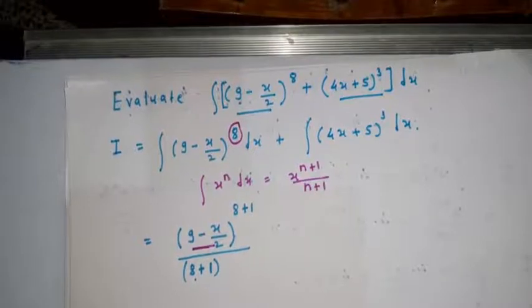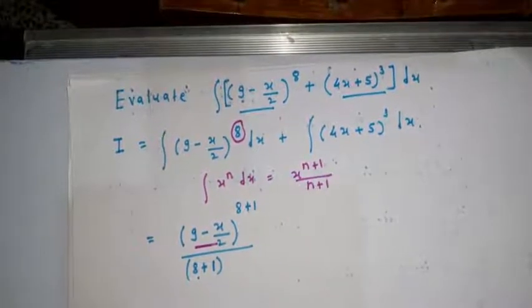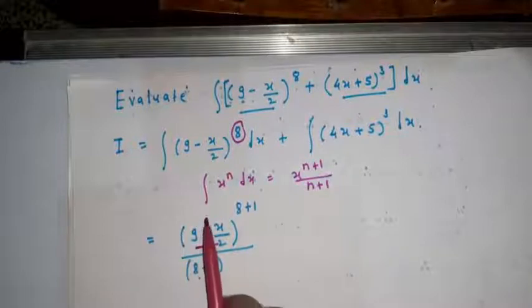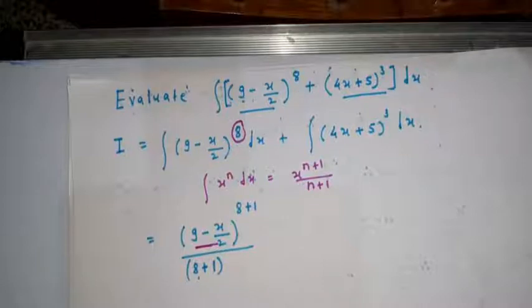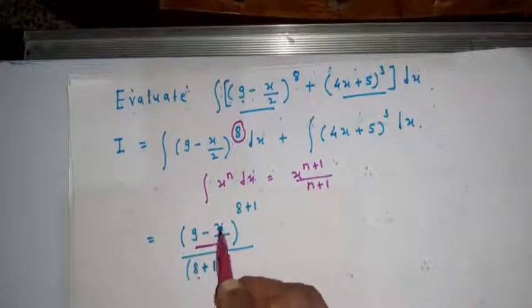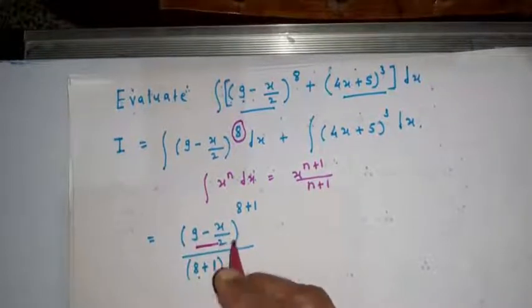Okay, and in last video I have explained you that if we integrate the function, and after integrating the function, if it is again differentiable, then find out its differentiation and divide the term. Means here 9 minus x by 2 is differentiable function.